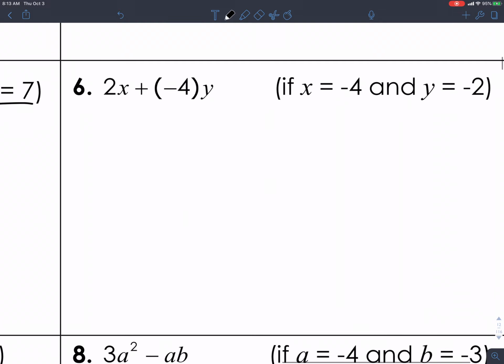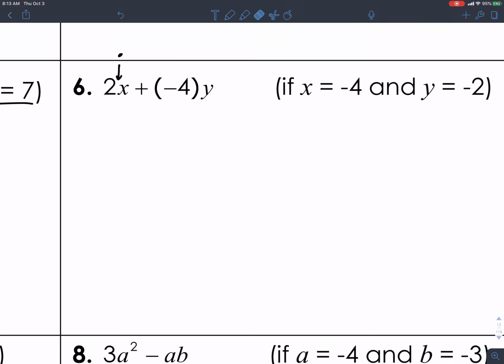So we have 2x, which is the same as 2 times x. Got to remember, when a number is next to a variable, that always means multiplication. You're going to see a dot for multiplication quite a bit from here on out. Sometimes you'll actually see the multiplication sign. Sometimes there won't be anything. It'll just be a number in parentheses.